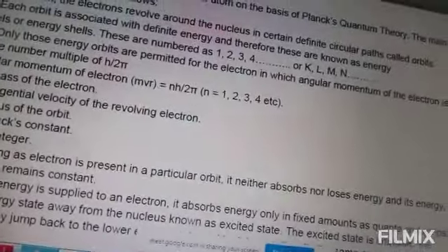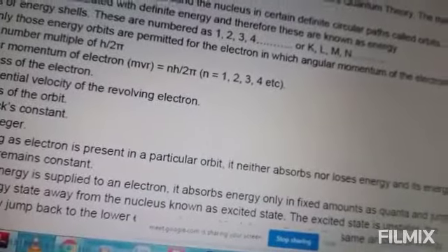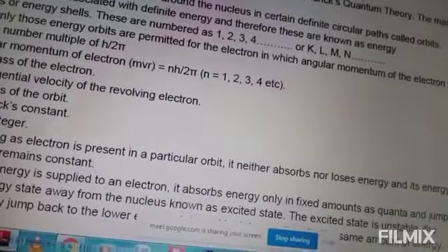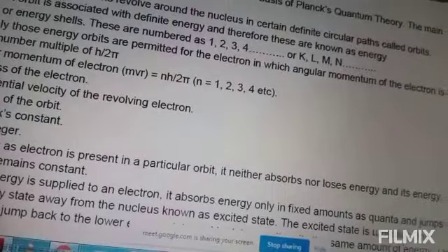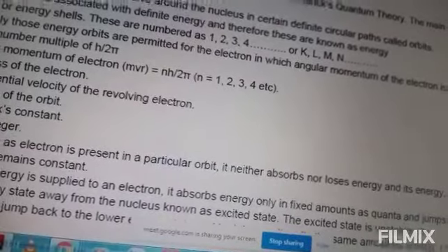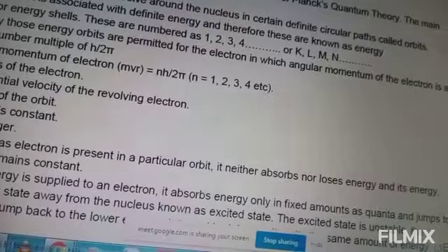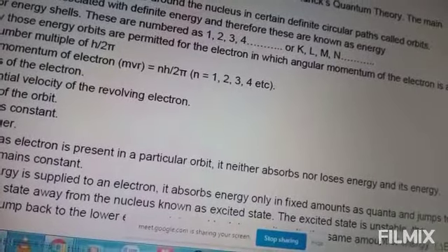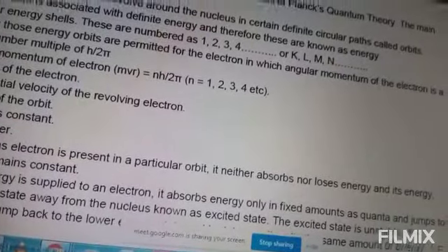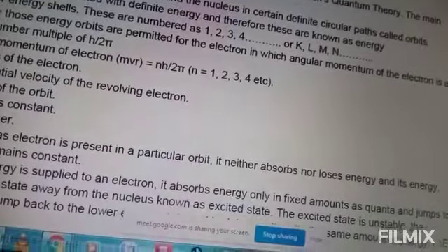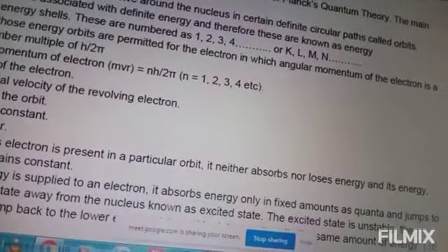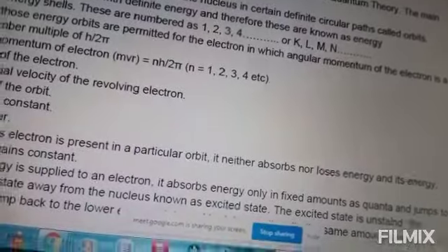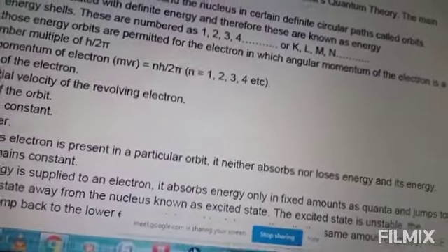This negative sign means that the energy of the electron in the atom is lower than the energy of the free electron at rest. So this negative symbol indicates that the energy of an electron in a hydrogen atom is always lower than the energy of the free electron at rest.